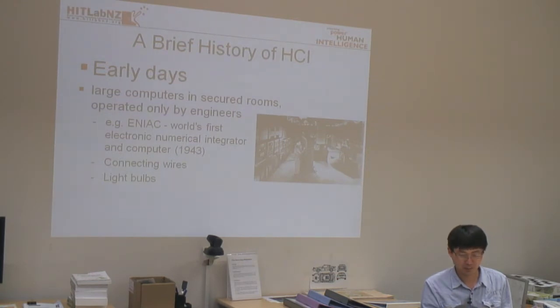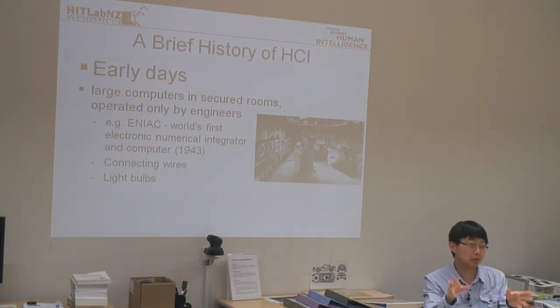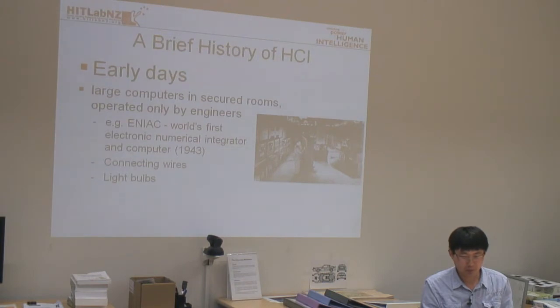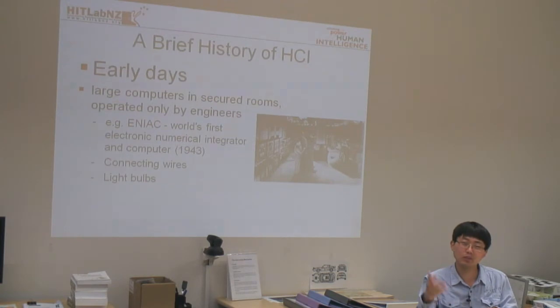So I think most of us started looking at or using computers since they had some kind of screen and keyboard. But in the very early days, like in the 1940s, when the first big digital computers were built, they didn't really have keyboards or screens that you could look at or type in.